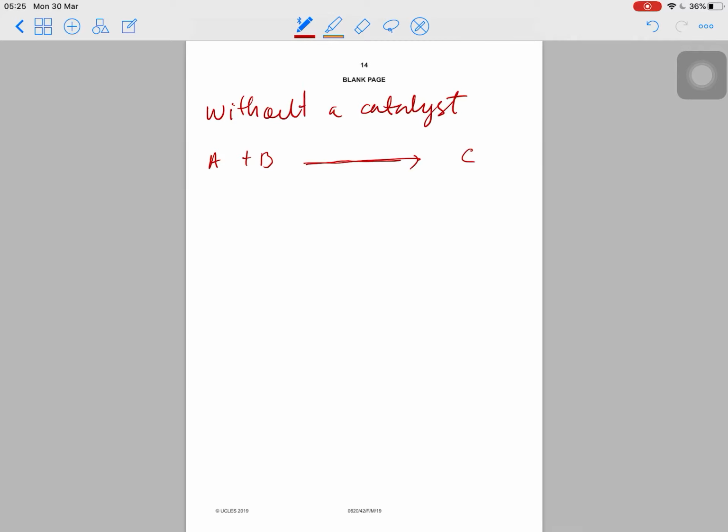So in this pathway, let's say you need 1000 degrees Celsius. Okay?